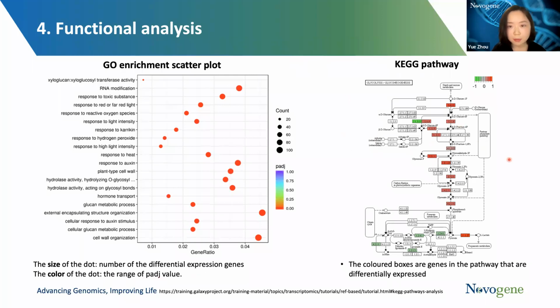Whereas for the KEGG pathway, you can see the KEGG genes sit in the different pathways. It might be a bit small, and the colored boxes are the genes in the pathway that are differentially expressed. So that's what we get from the functional analysis.